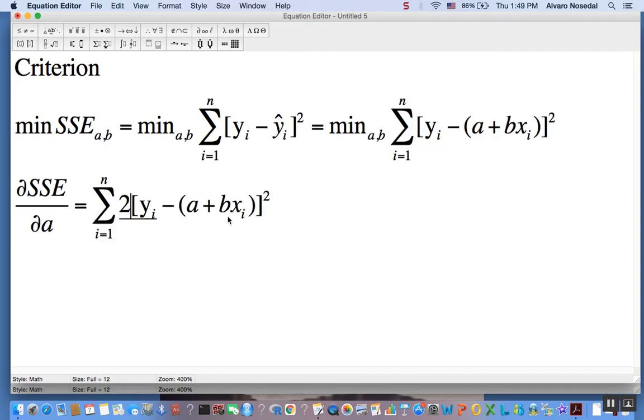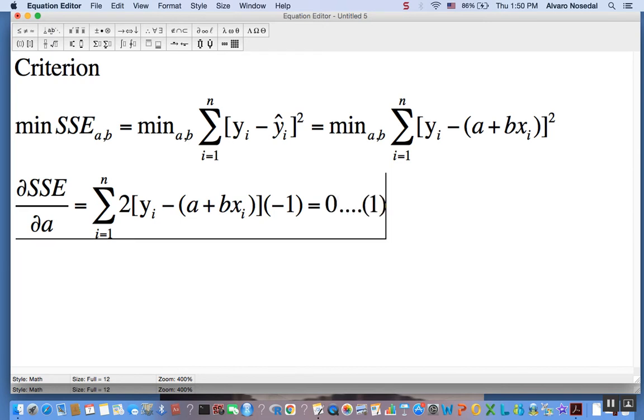So it's going to be 2 times this guy inside those square brackets, and then we use the chain rule and we take the derivative of what's inside those square brackets with respect to A, and that happens to be just -1. Okay, and then we're going to be setting that one equal to 0, right?